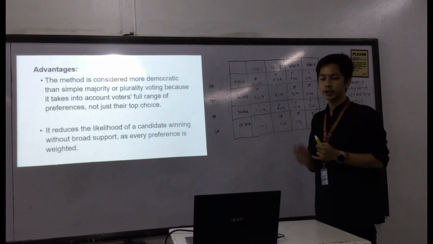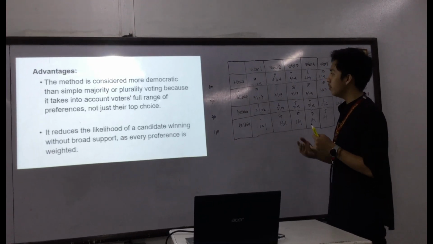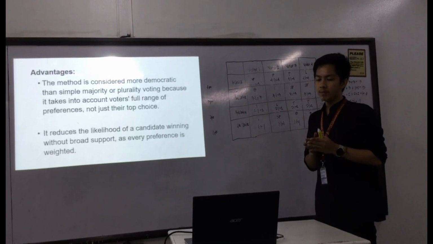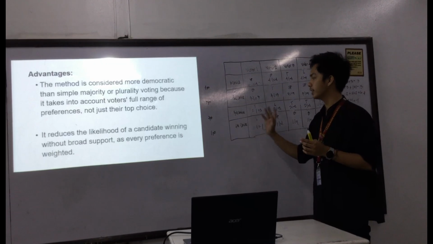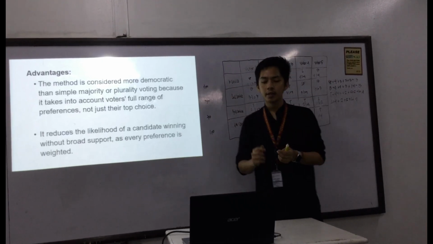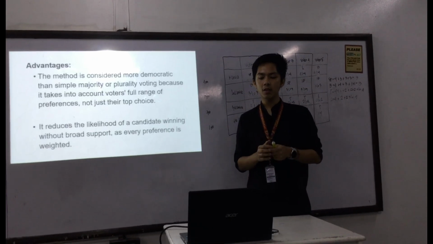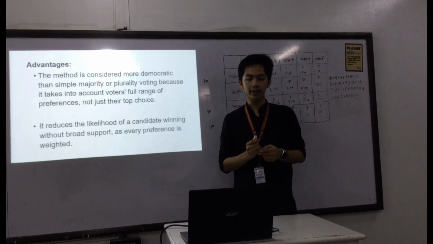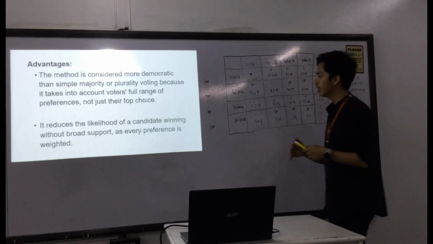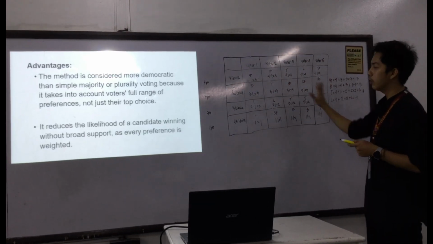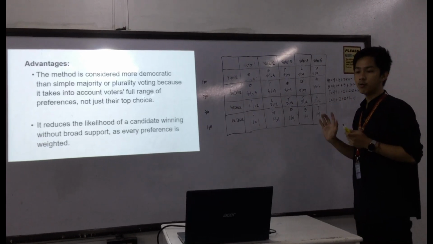Second, it reduces the likelihood of a candidate winning without broad support as every preference is weighted. As you can see, the overall preferences for candidates are all weighted equally.